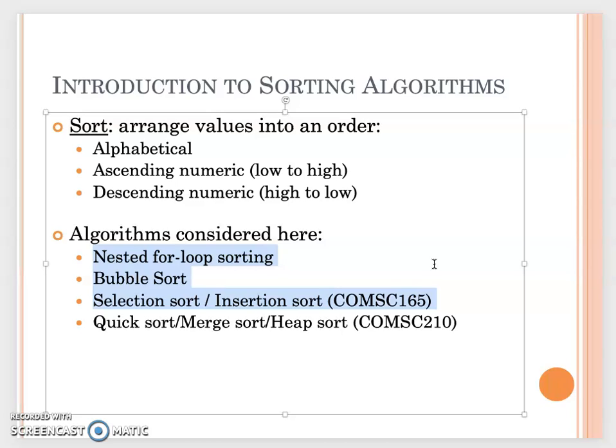So when they deal with big data, the runtime will be super long. Then we will introduce a couple of more efficient sorting algorithms so we can bring down the runtime. So that's our sorting from chapter 8.